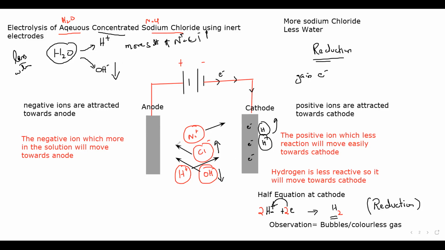In this example, the chloride ion will move towards the anode, because there are more of them in the solution.